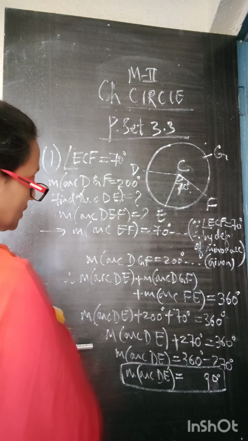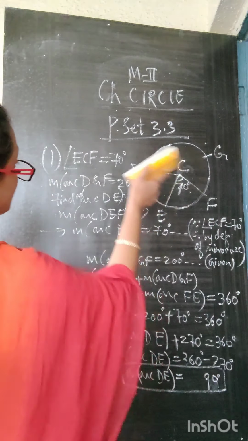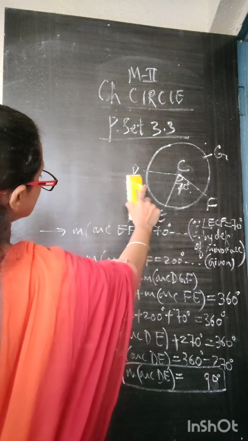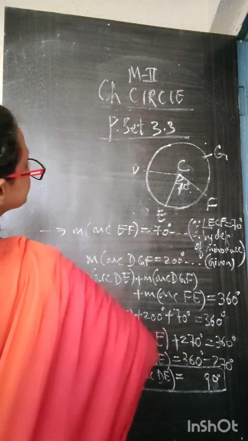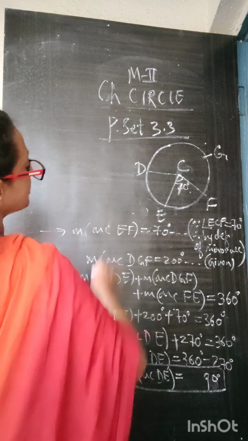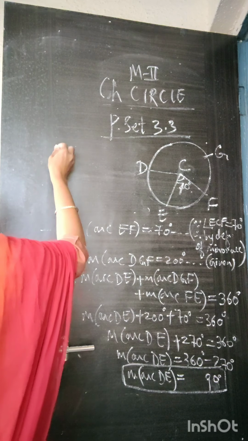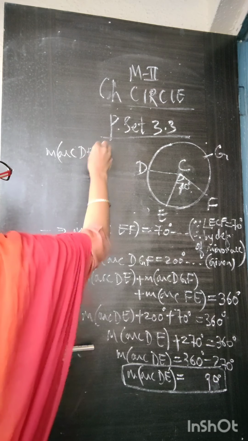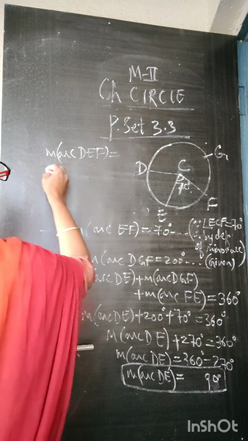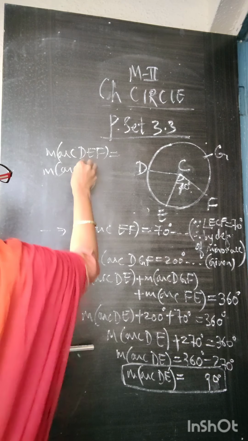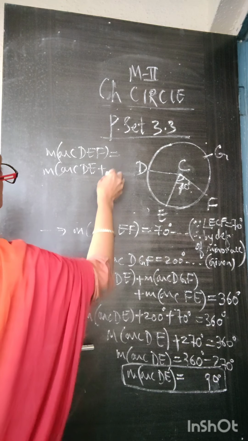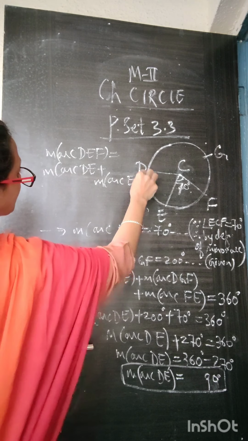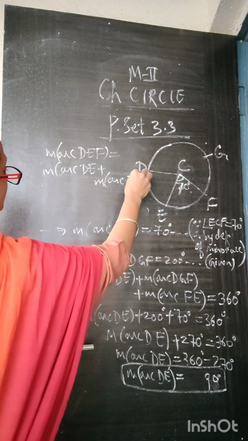I'll rub this part for the above part, and there is a question part, and I'll write down the further answer. So what I can say, measure of arc DEF is nothing but equal to measure of arc DE plus measure of arc EF, and both the measures we have calculated.